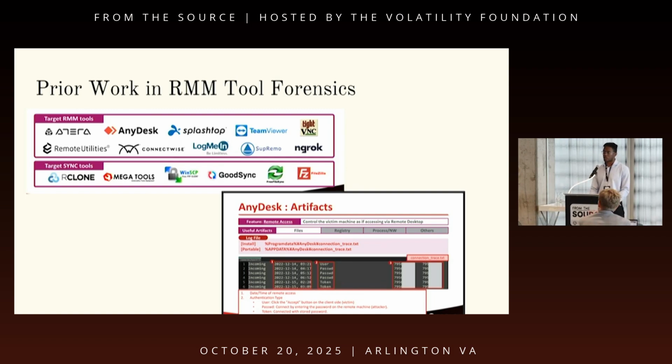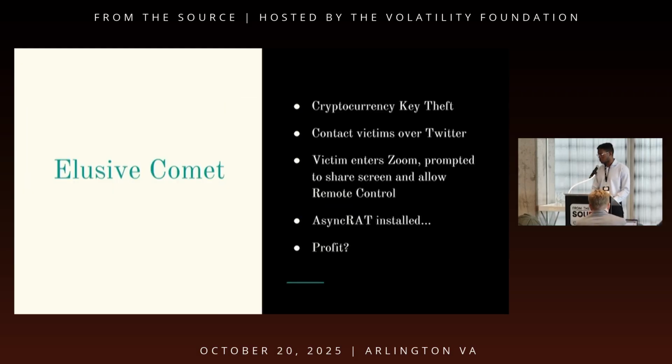We've got application specific logs and databases and files. You might have entries in the registry and event logs, but of course this is just on the disk forensic side of things. But this research is expanding to look at Zoom and see what we can get, see what they're dropping on the disk.